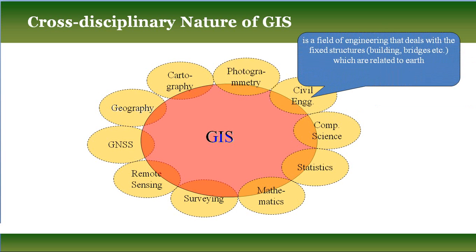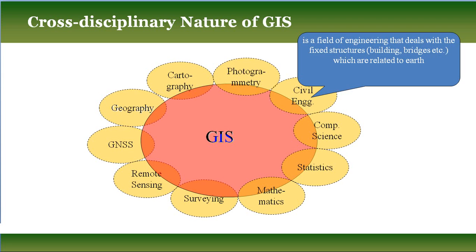And then come civil engineers or any other engineering discipline that uses locational data. They also have to use GIS. It is the field of engineering that deals with fixed structures like buildings, bridges, dams, etc., which are related to the earth.